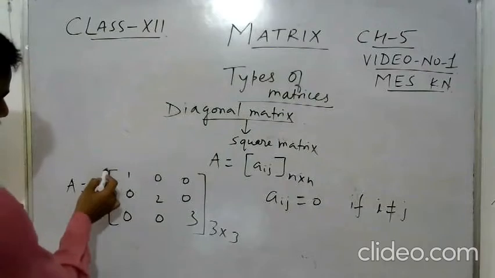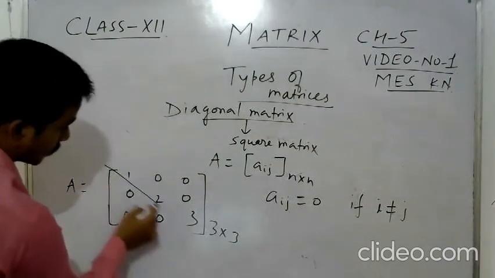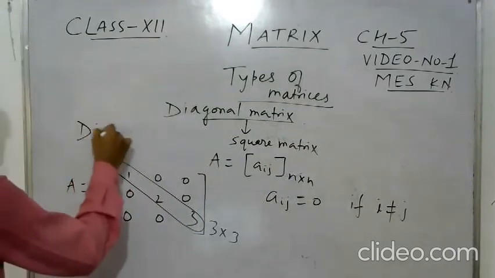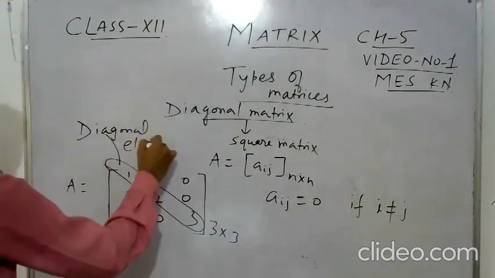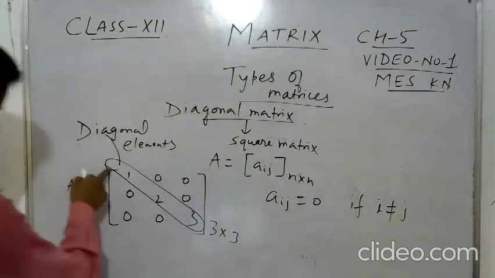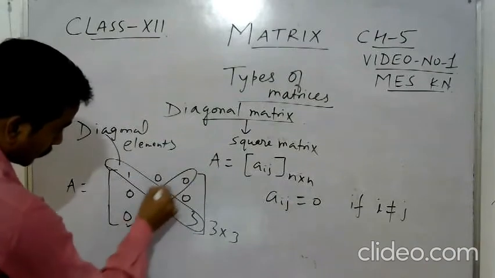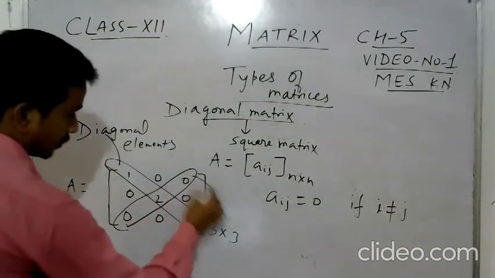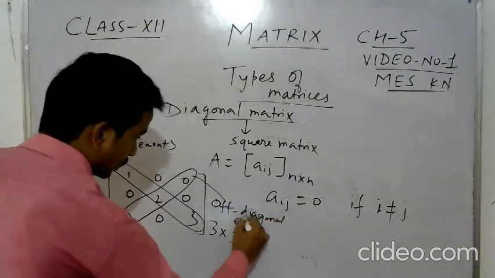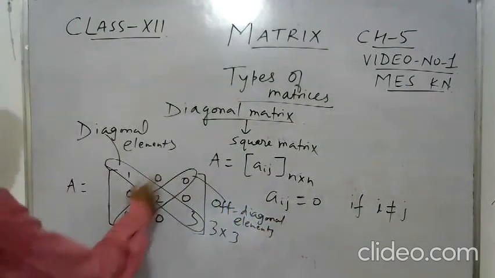A matrix is a rectangular arrangement of numbers in rows and columns, and these elements lie on the diagonal of this rectangle, so they are called diagonal elements. The others are called off diagonal elements. 1 2 3 are the diagonal elements.